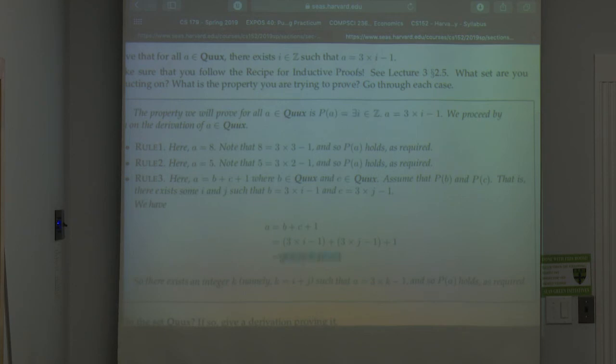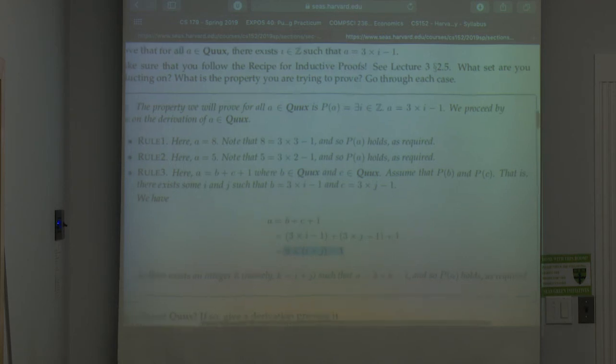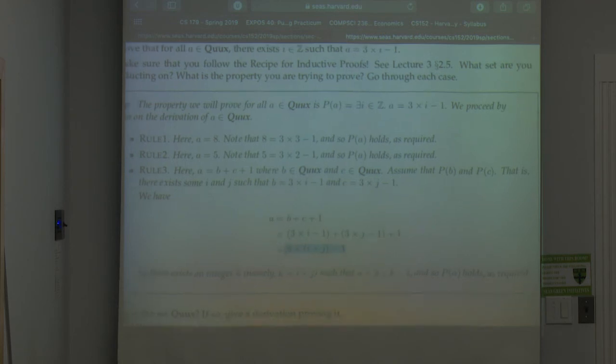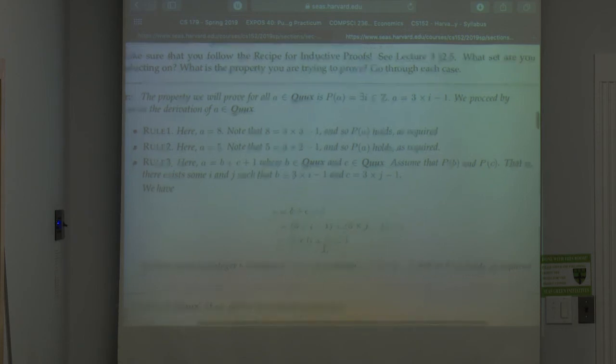So you might be asking, wait, we got a completely different equation, right? 3 times I plus J minus 1. How do we know that I plus J is an integer? Well, we can reason out the fact that I plus J is an integer.